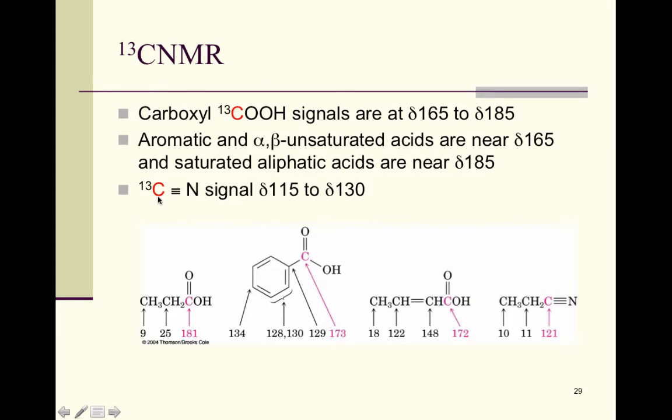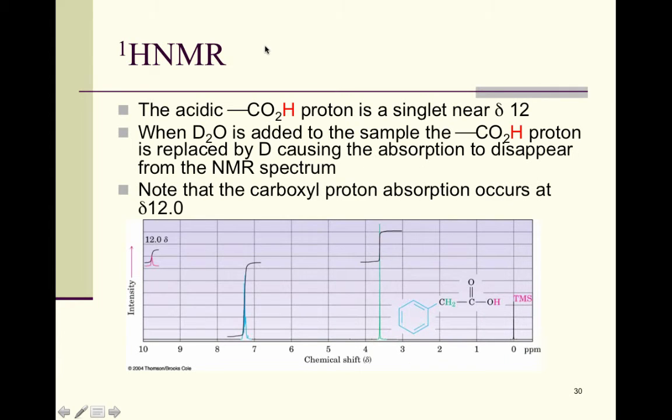The nitrile signal for carbon NMR will be about 115 to 130. Proton NMR. The acidic hydrogen in our carboxylic acid gives a signal, in fact it's a singlet, at 12. It's the only thing that's that far downfield. Sometimes in the spectrum that they'll show you, they won't even actually show you the 12. They'll put it on there somewhere or even indicate in the text that there happens to be a signal at 12.